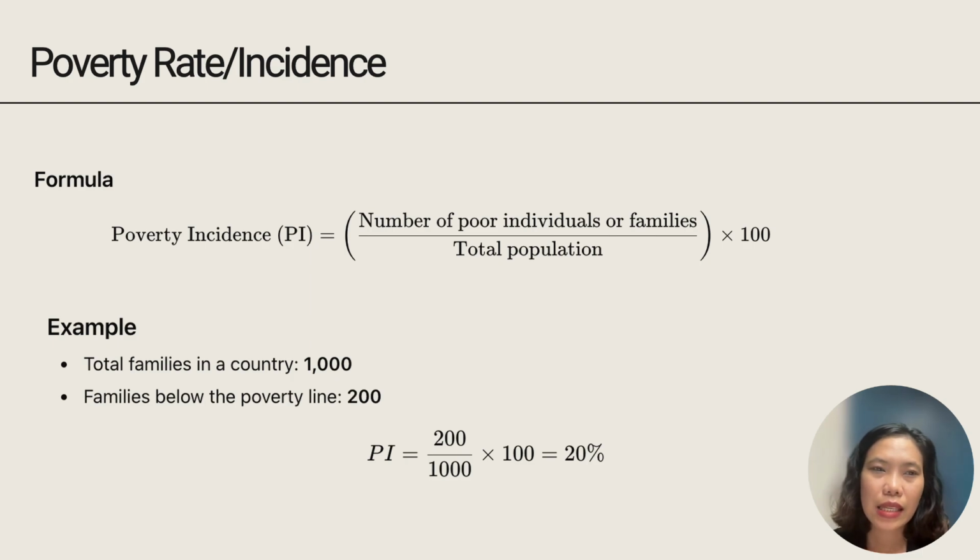So it is measured using the formula: number of people, individuals, or families below the poverty line over the total population, times 100. So when we say there is a 20% poverty rate or incidence in this country, it means that out of the total families in the country, 1,200 families fall below the poverty line. So that's how you get the 20% poverty rate.